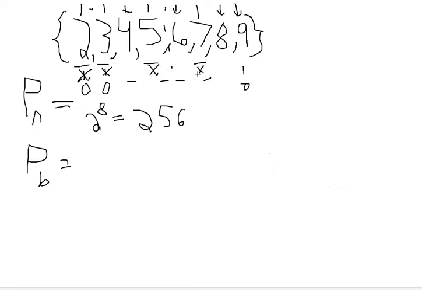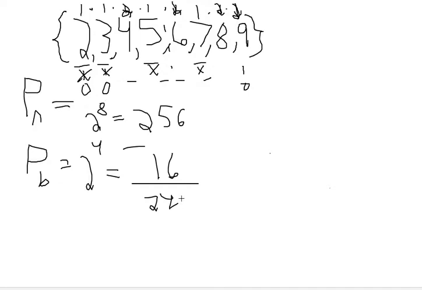Because if they do, then it has at least 1 prime in the set. So you can imagine it as 1 by 1 by 2 by 1 by 2 by 1 by 2 by 2 to the 4th, or 16. And now, just to round out the problem, we subtract those 2, get 240, and get the answer correct.